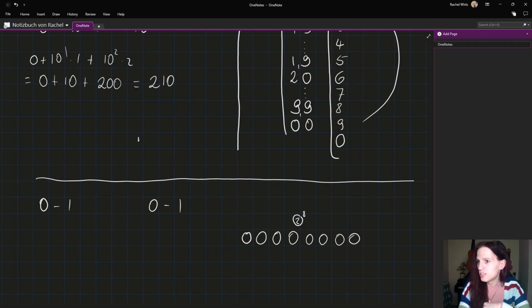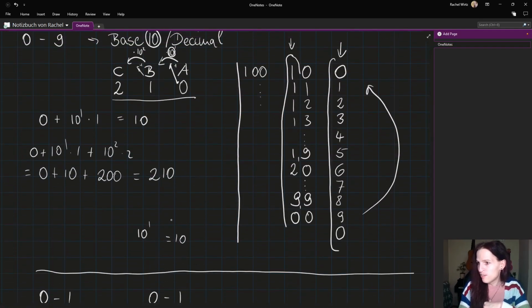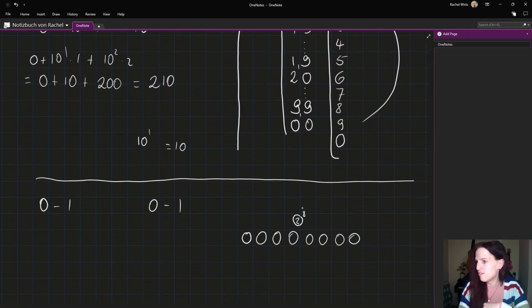In our example before, we could have 10 different states, and here we could have 8 different positions, so 2 to the power of 8, and this is equal to 256.